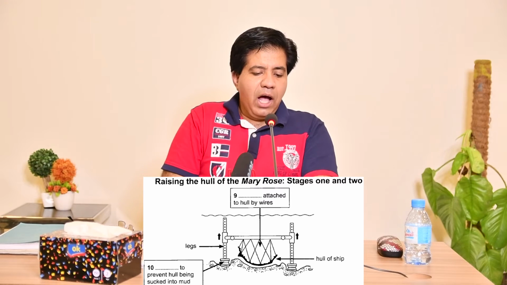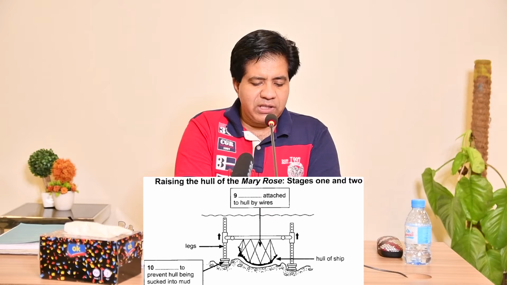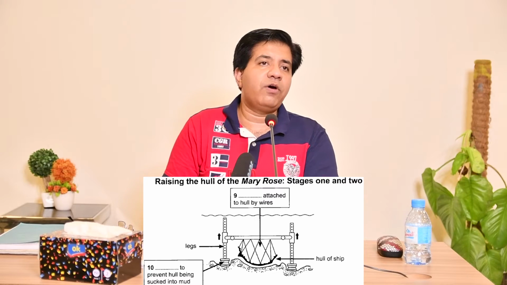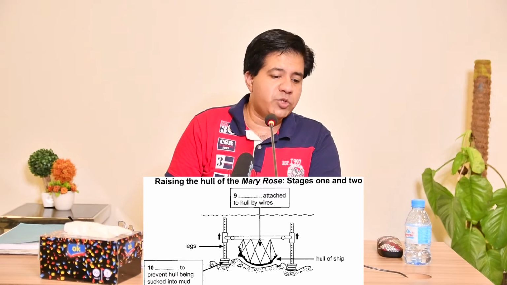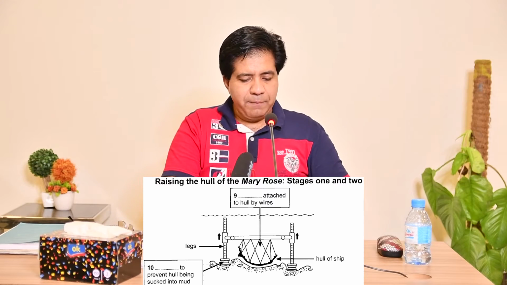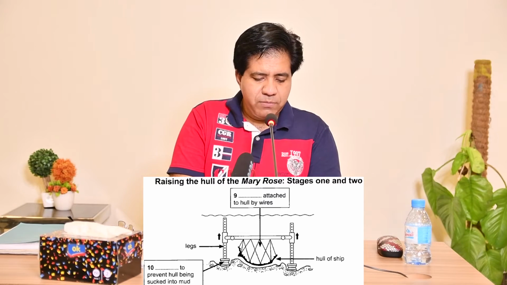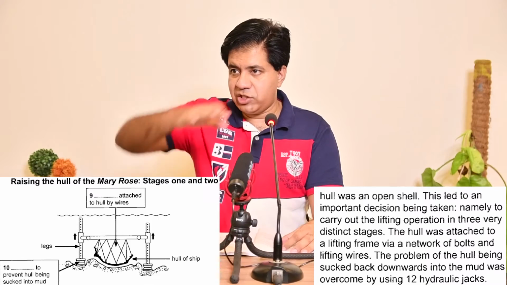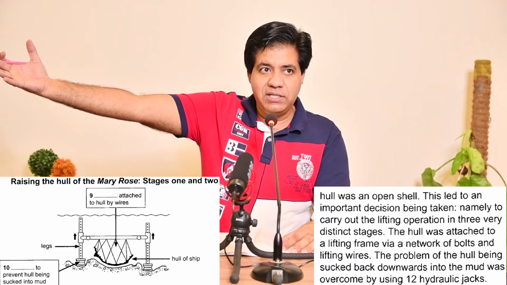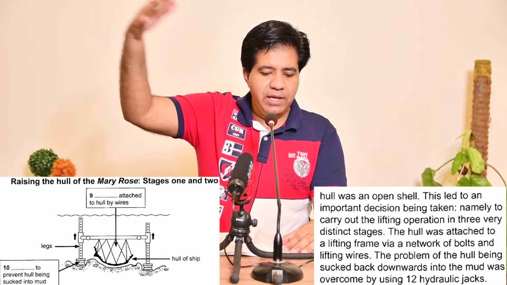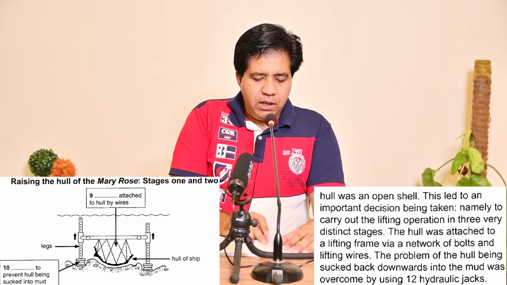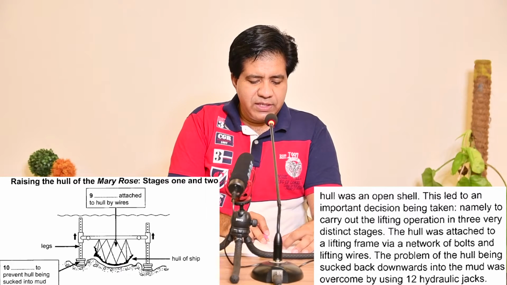That's fine. All right. Now we go back and we look for the word hull and wires. For wires, they can use the word ropes or any other word like that. Please come back. Last, second part of the passage, second page and left side. Can you see the word wires?